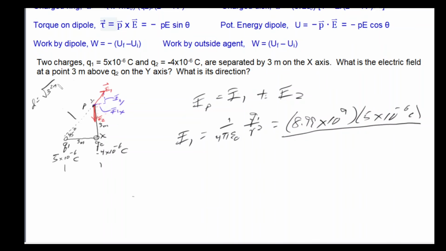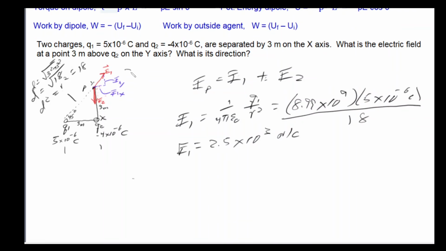So that would be 3 squared plus 3 squared, which is equal to the square root of 18. And since we're using r squared, or in this case d squared, then d squared, which is r squared, is equal to 18. So we'll put that in here. So we get E1 comes out to be 2.5 times 10 to the third newtons per coulomb.